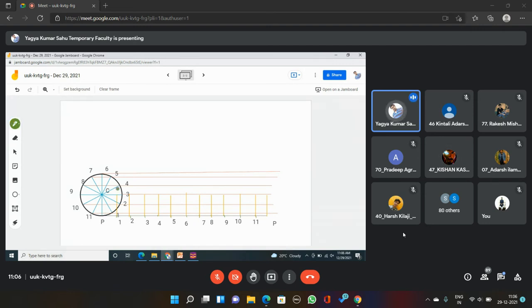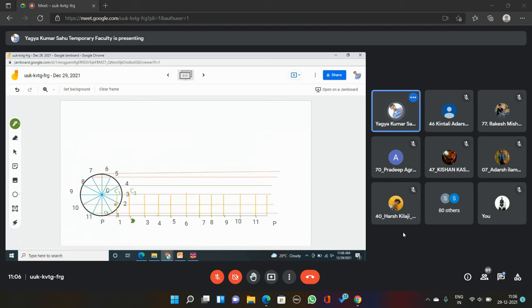Say this is C1. So radius equals CP. Find a point on this particular line. So you'll get a point somewhere here, P1. Then what about P2? Again, change the center to C2. Now with the same radius CP, find another point on this particular line, P2.